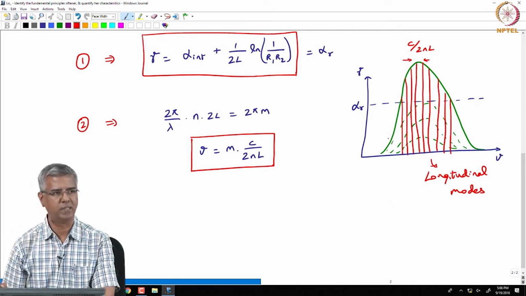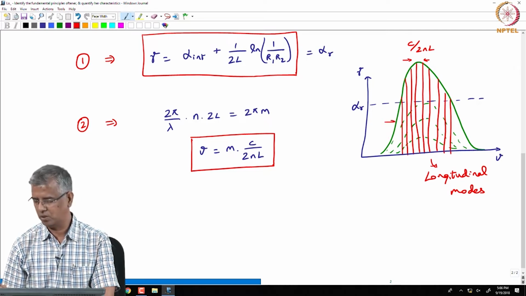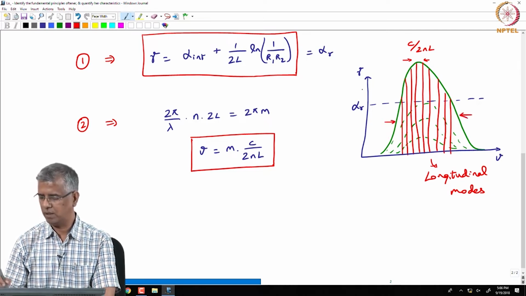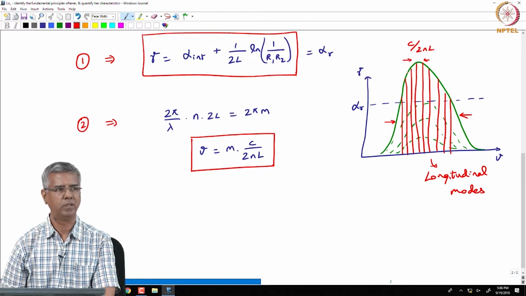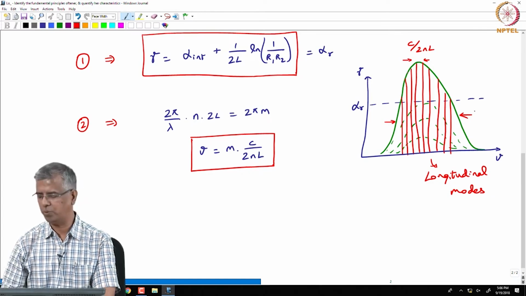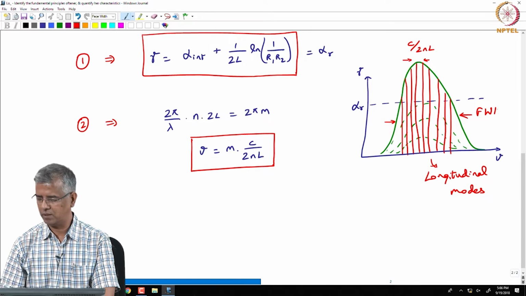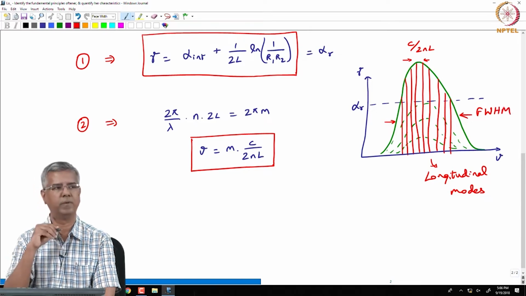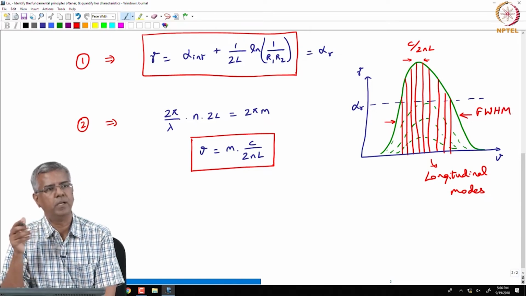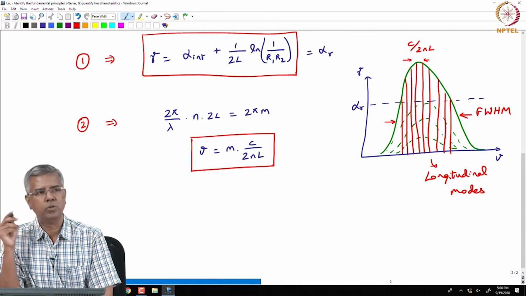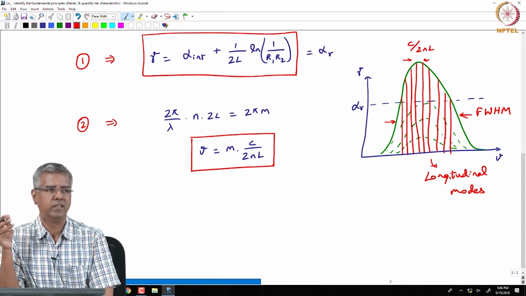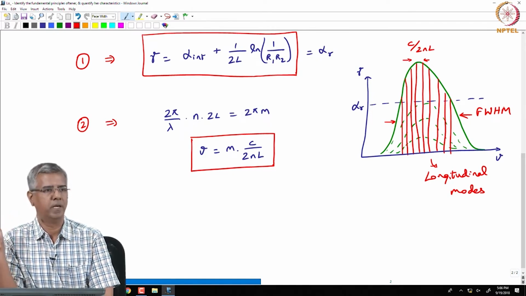Half from the maximum, but the complete width, that is called the full width half maximum. So, when people refer to the line width of a laser, they talk about the full width half maximum of this, and within the line width there could be multiple modes.